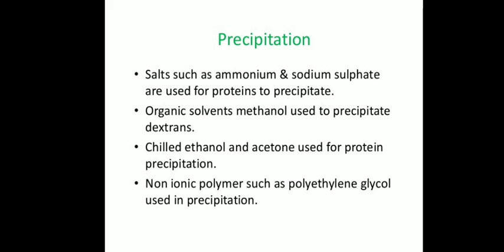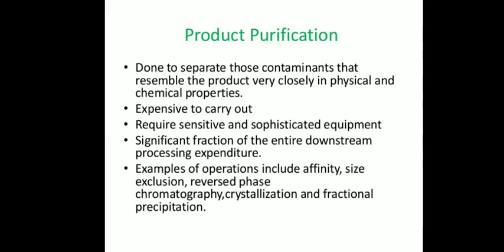Organic solvents like methanol are used for the precipitation of dextrins. Then chilled ethanol and acetone are used for protein precipitation. Non-ionic polymers such as polyethylene glycol are used in precipitation. So these different types of salts, solutions or solvents can be used for the precipitation of different products depending on your product type.